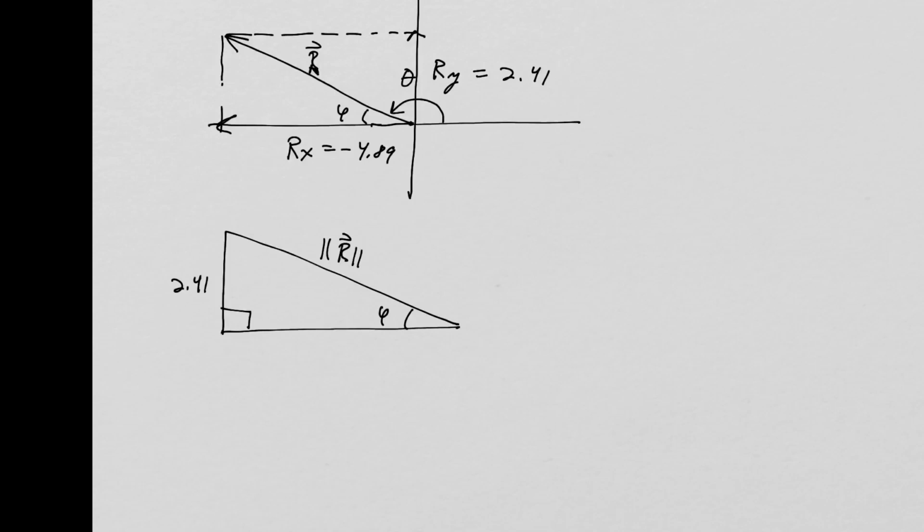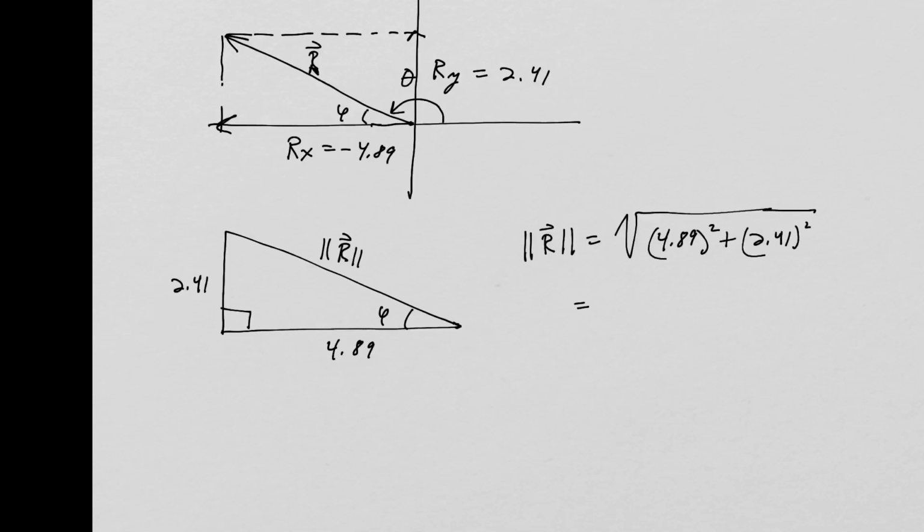The RX was negative 4.89, but the length here is just 4.89, right? Because it's just a triangle now. And how do I figure out the magnitude of R, the hypotenuse? Pythagorean theorem, right? So that's just going to be the square root of 4.89 squared plus 2.41 squared. If you work that out, it's going to be 5.45 newtons.